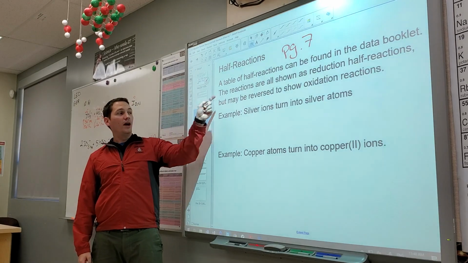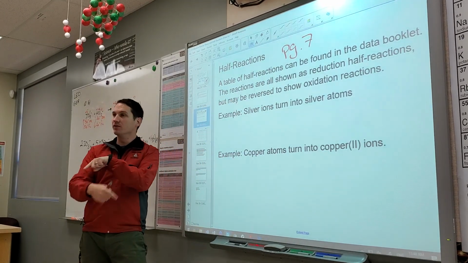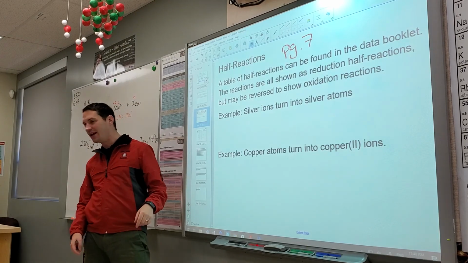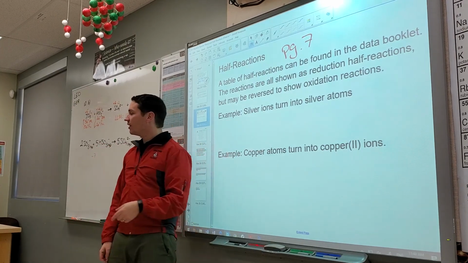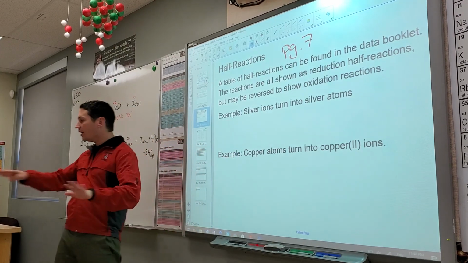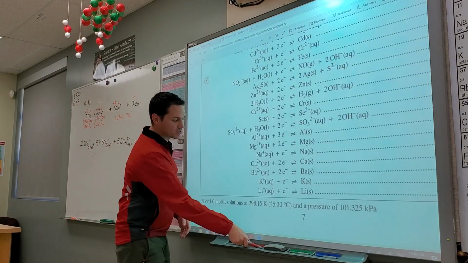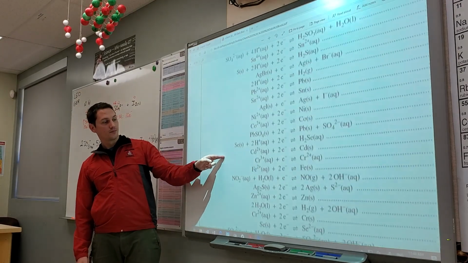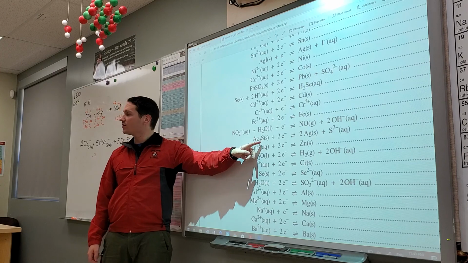The reactions are shown as reduction half reactions, but they can be reversed. We're going to talk about one thing here. Silver ions turning into silver atoms. Where do you see silver anywhere on that sheet? Ag. Ag2S, that's silver sulfide, right?